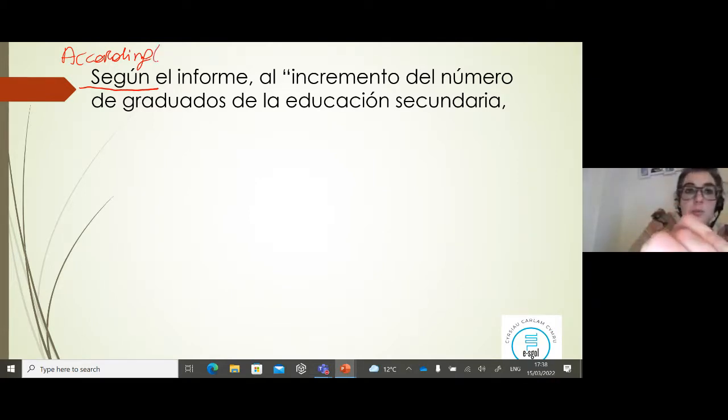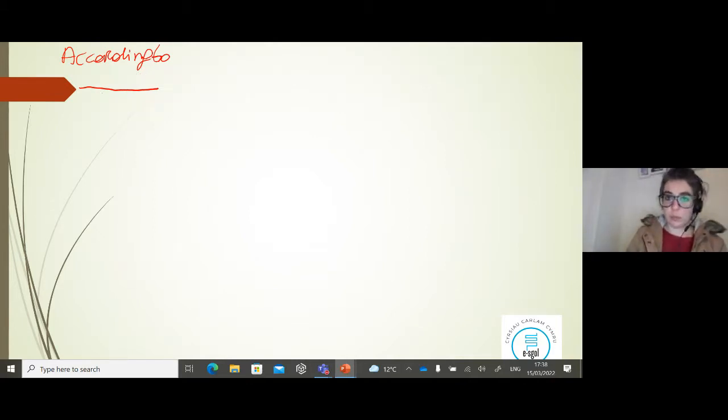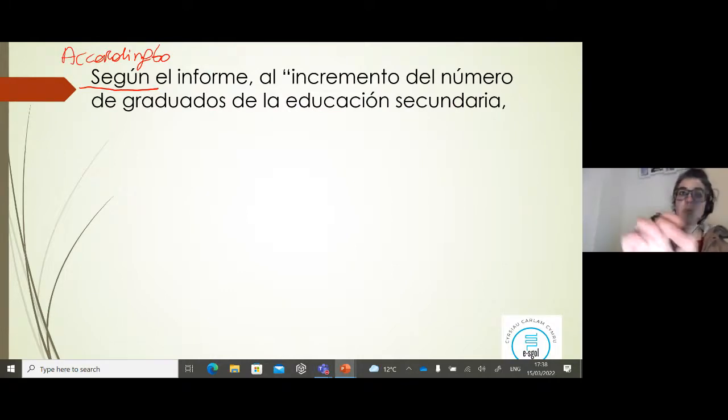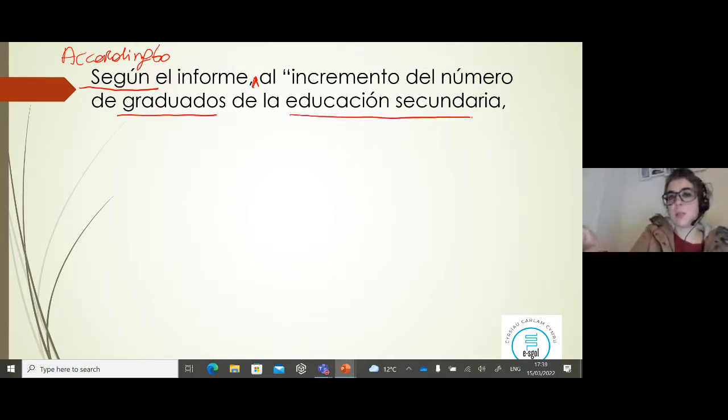According to el informe, what was the big increase due? According to el informe, it was due to el incremento del número de graduados de la educación secundaria. What's graduados? Educación secundaria.